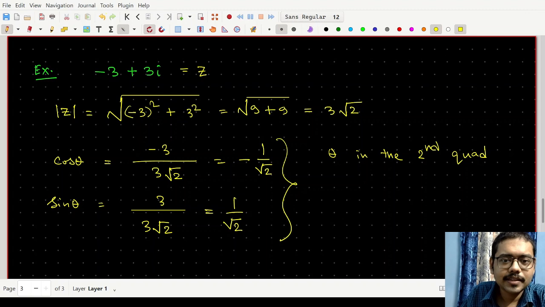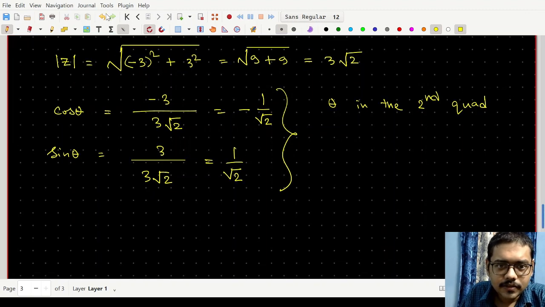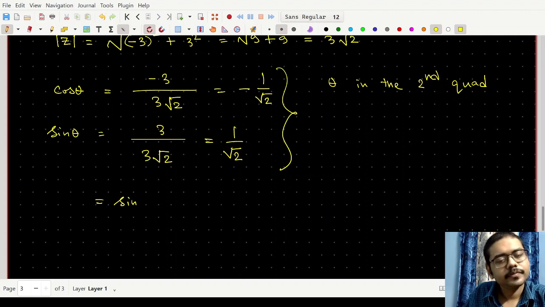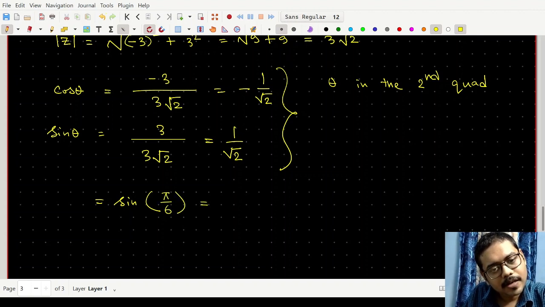And what is the angle theta? So sine of theta is this, and theta is in the second quadrant. If theta is in the first quadrant, then sine of pi over 6 would work, but to put it in the second quadrant, we take pi minus pi over 6.